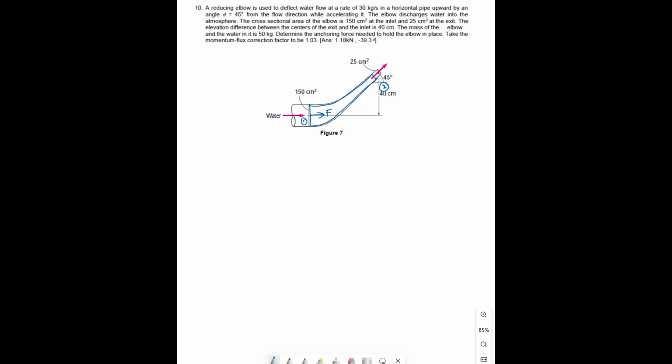And then the anchoring force is represented by FRZ and FRX, where we have divided FR into two components, FRX and FRZ.